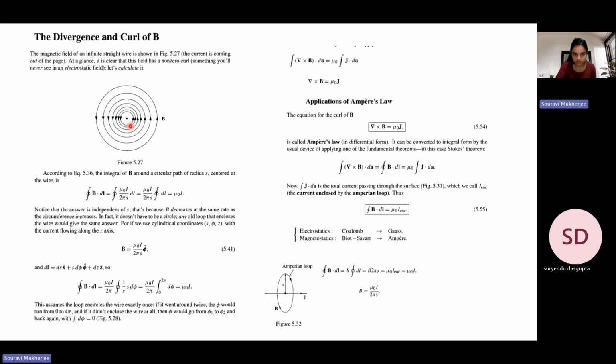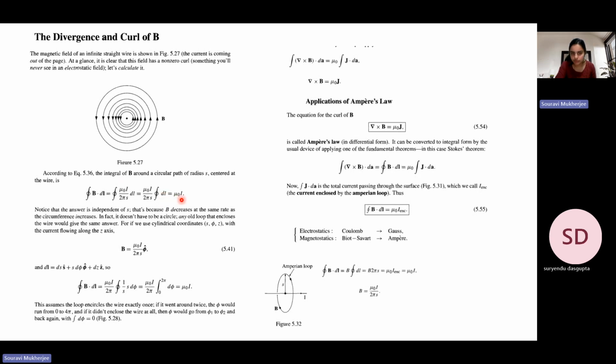You can also get it from the thumb rule. Now if you want to do a line integral, take a circular loop like this and find the line integral along that closed loop. It would be given by this relation. When you do the line integral, dl is nothing but the circumference.